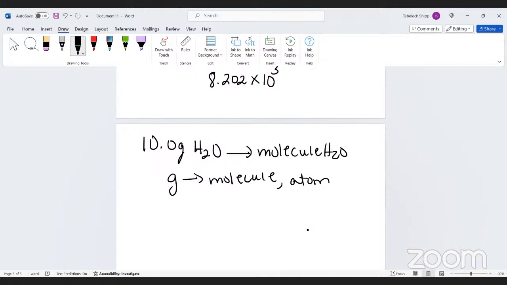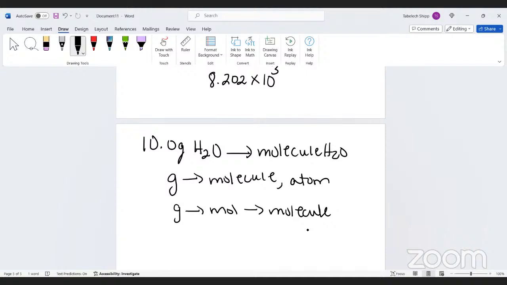Those two are the same thing, so you have to use Avogadro's number. You're going to go from grams to moles, and then from moles to molecules. So this is a two-step problem.